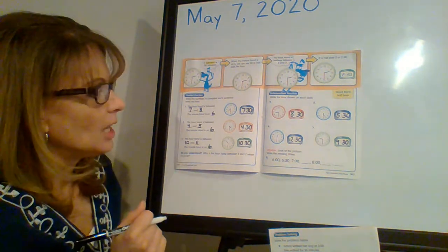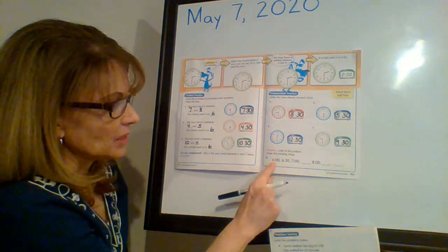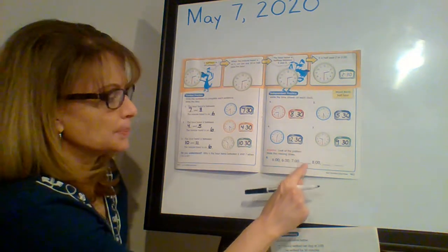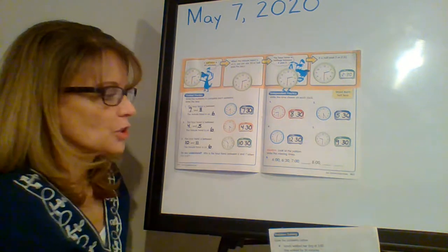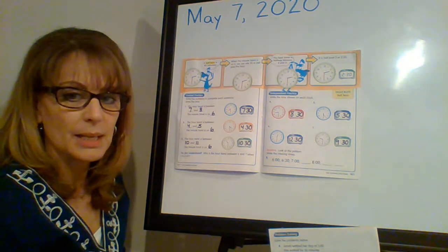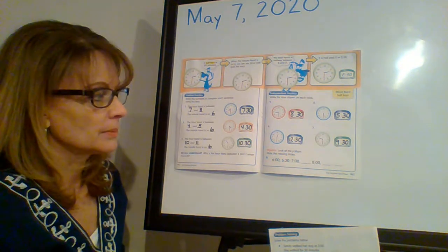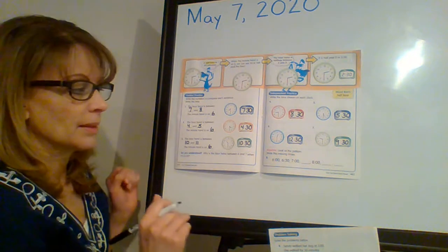How'd you do? Great job. Look at the pattern. Write the missing times. So if we have 6 o'clock, 6:30, 7 o'clock, 8 o'clock, what are the half times in between? Go ahead and write those. All set?